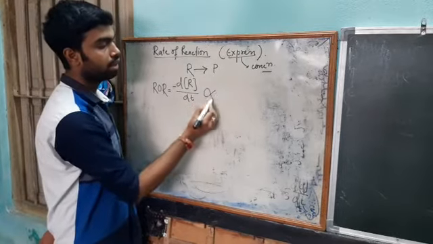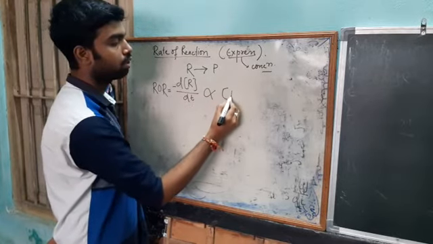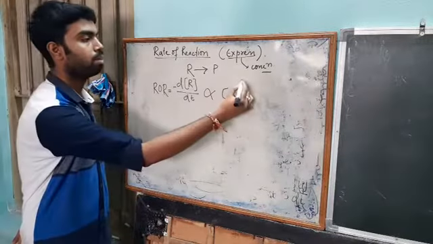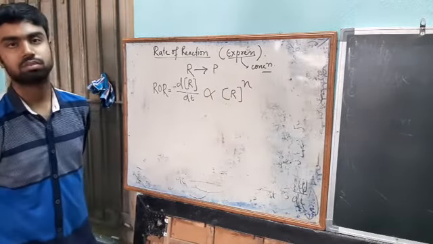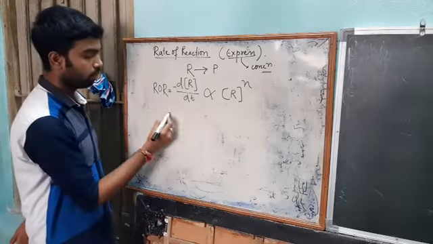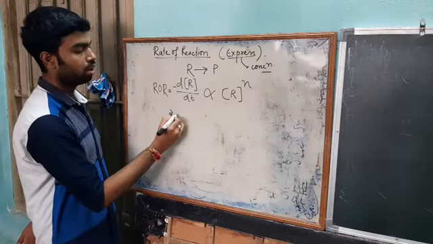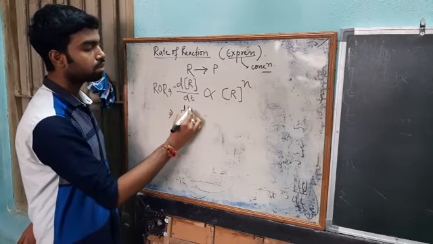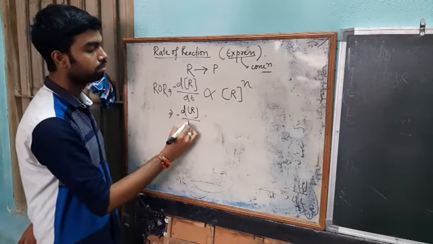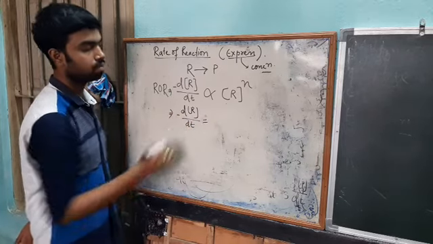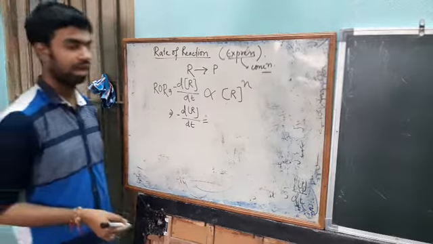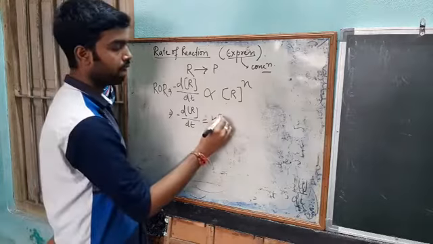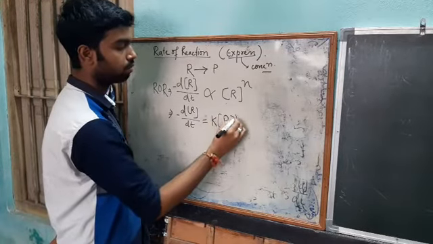This is actually directly proportional to the concentration of R raised to the power n, and when you remove this proportionality sign, you will have k here, k into R raised to the power n.